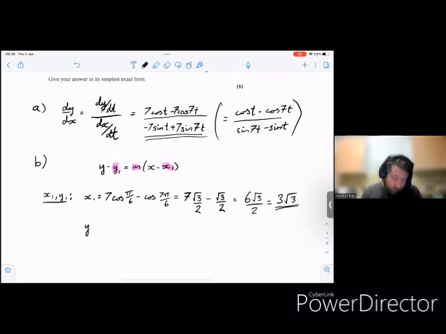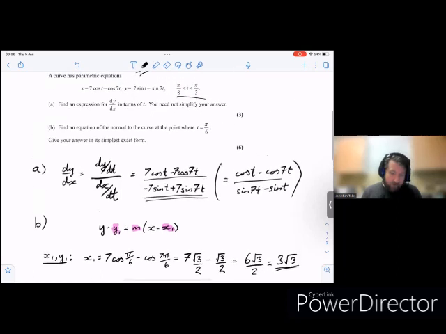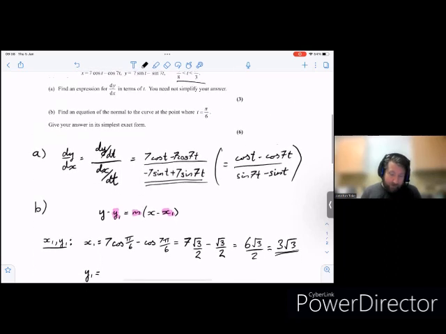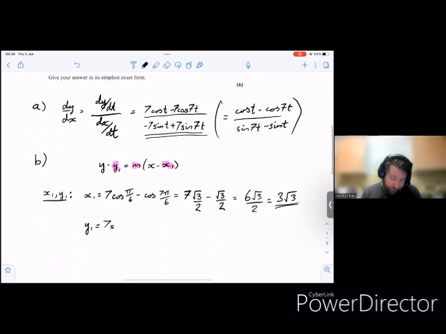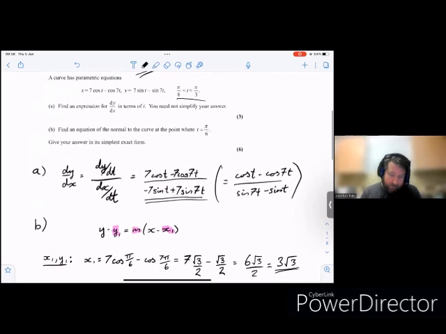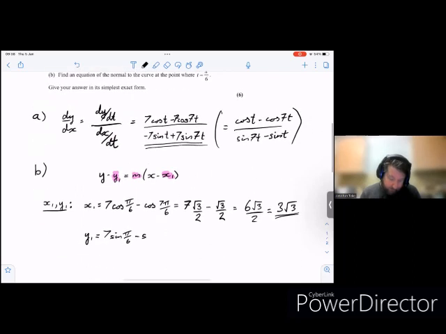For y1, we use the other part, so 7 sine t minus sine 7t. Just double check sine of 7 pi over 6.